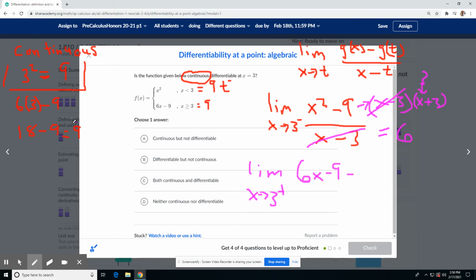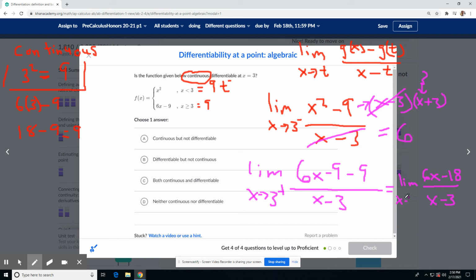And minus the output, which was 9, over x minus our value of focus, 3. I've got to simplify this one a little bit. So we got the limit of 6x minus 18 over x minus 3.